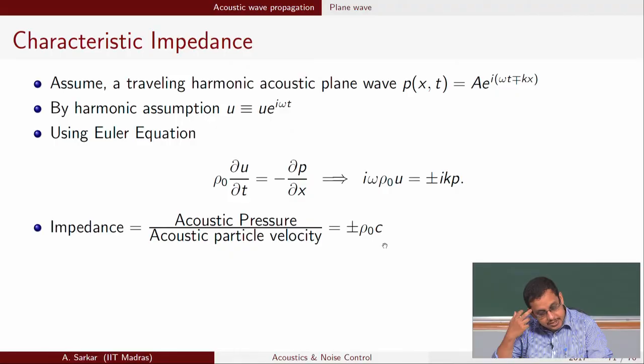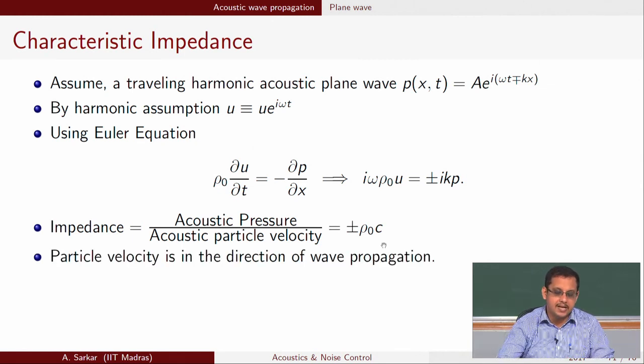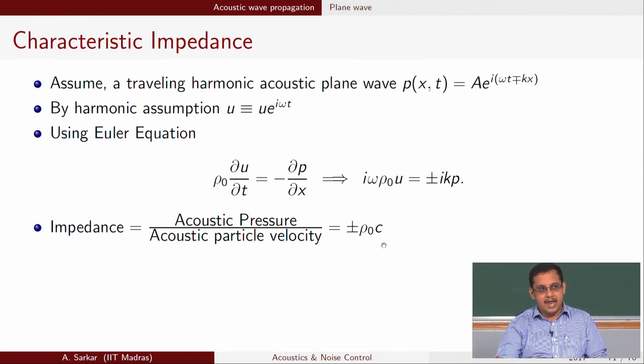So, accordingly, the impedance for travelling waves is found right now to be of the value rho 0 c, but the sign of the impedance term has to be carefully understood. The sign for the positive travelling wave, or the forward travelling wave, will be plus, whereas the sign of impedance associated with the negative travelling wave will be minus. Okay. We will keep seeing that this term impedance will appear in very many different contexts, right.